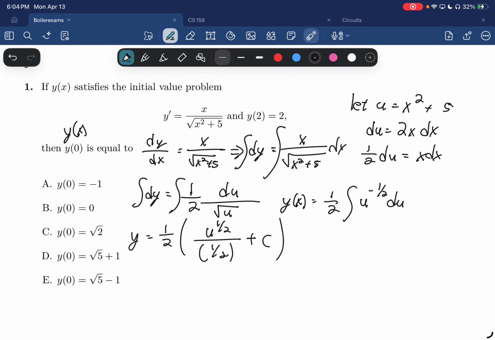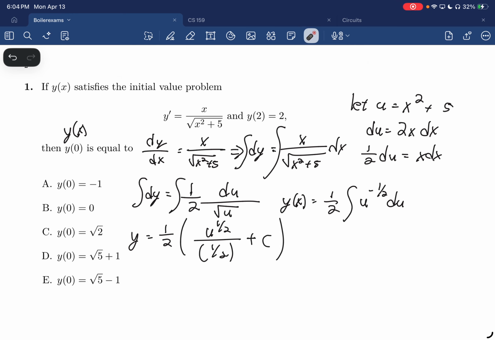Can't forget the plus c, right? Because when you try to differentiate it to turn it back into this form, you bring down a 1/2, and then you subtract 1 from the exponent, so it becomes u to the negative 1/2, and the 1/2 that would be here cancels out with this 1/2. So you get u to the negative 1/2 again.